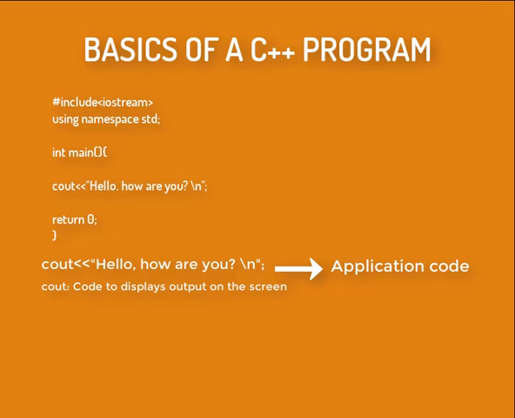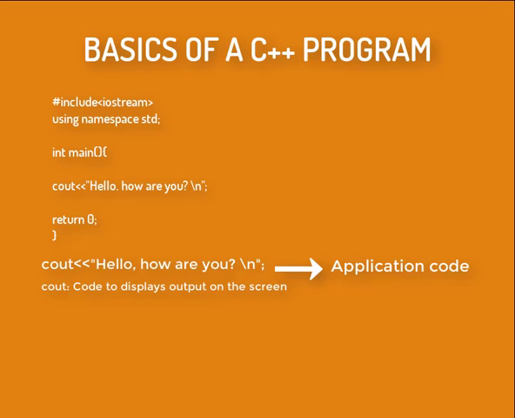The iostream part of the std library allows us to use cout, which is code in C++ to display output on the screen. So whatever follows cout and the stream insertion operator will be displayed on the screen exactly the way it is.